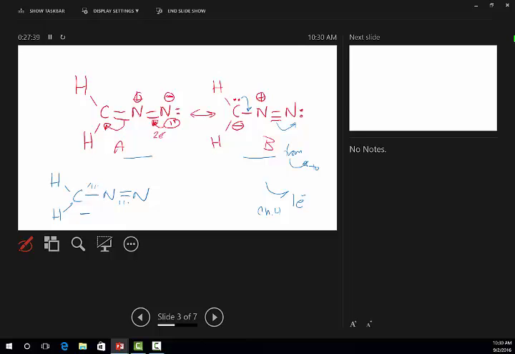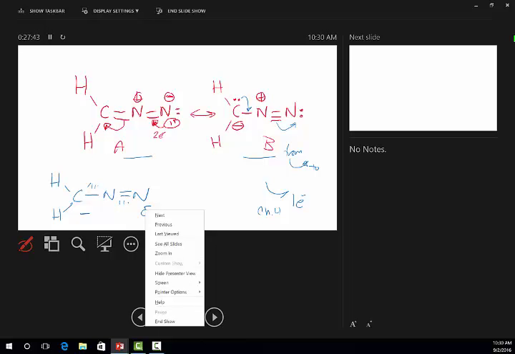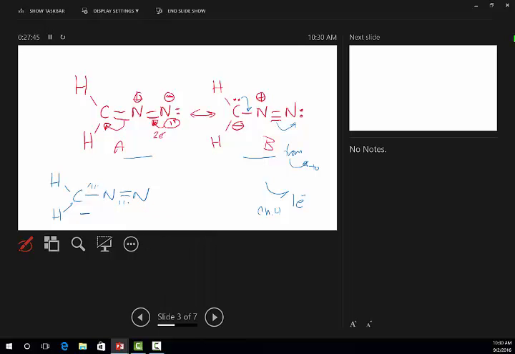Minus 1, 0, average, delta minus. Now the middle nitrogen. That's the one we've got to watch out for. What's the average charge on the middle nitrogen? Plus 1, plus 1, plus 1. So we have to make sure that the nitrogen gets a full plus 1. Okay.